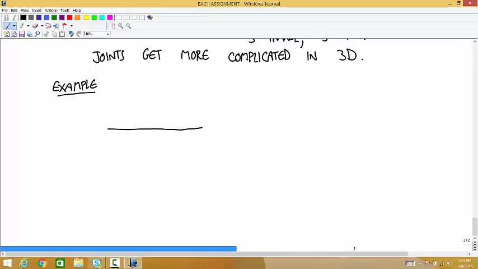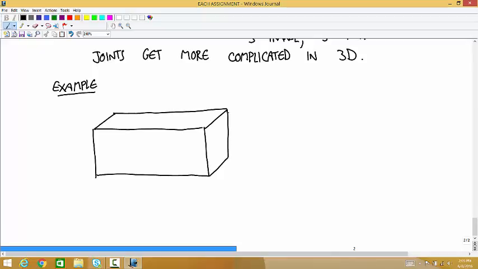Okay, so say you've got this rectangular solid, and the coordinate system is like this.